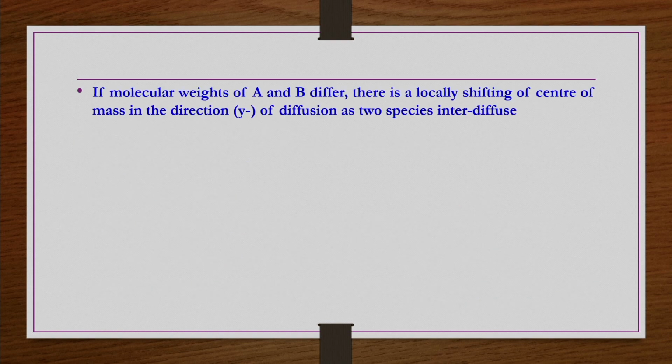Now, if the molecular weights of A and B are different from each other, then obviously there will be a local shifting of the center of mass in the direction of diffusion as the two species are interdiffusing.